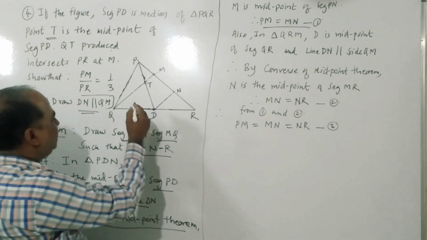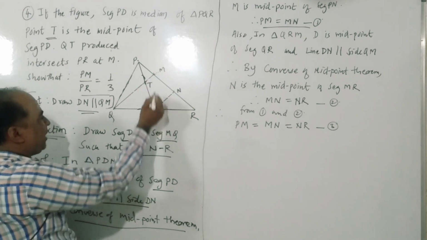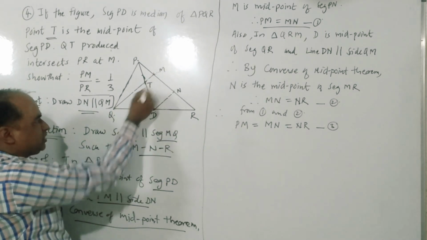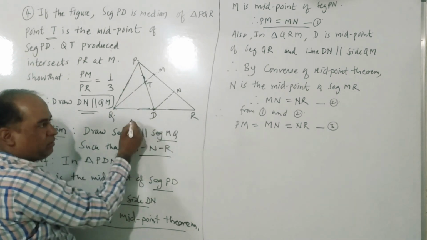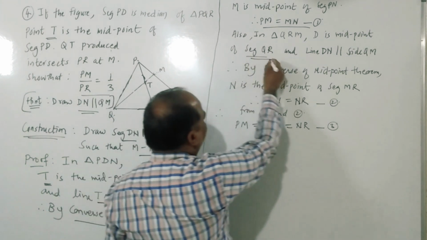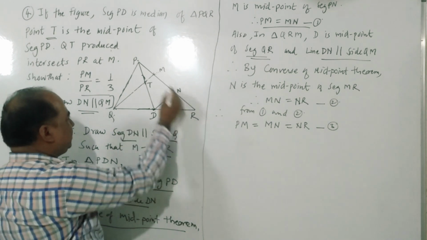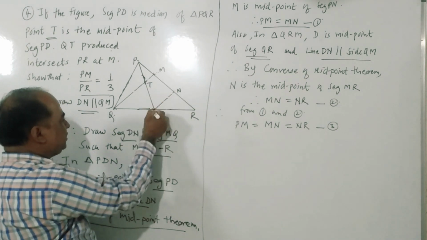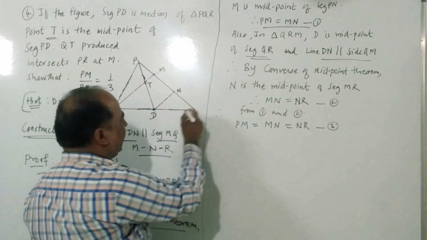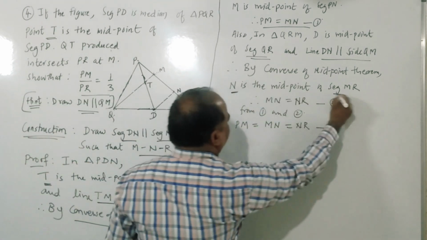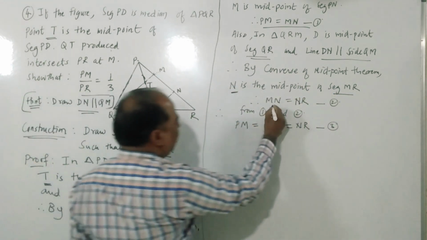Also in triangle QRM, DN is parallel to QM by construction, and PD is the median, so D is the midpoint of segment QR. By the converse of the midpoint theorem, N is also the midpoint of side MR. So MR is equal to NR.